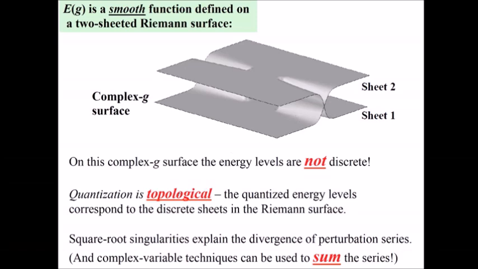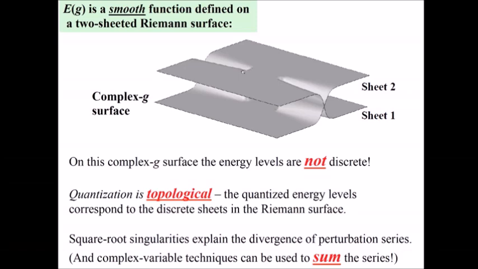And furthermore, these square root singularities explain why, if you calculate a perturbation expansion, that perturbation expansion diverges. It's because there are singularities in the complex coupling constant plane, okay? And these are the singularities.